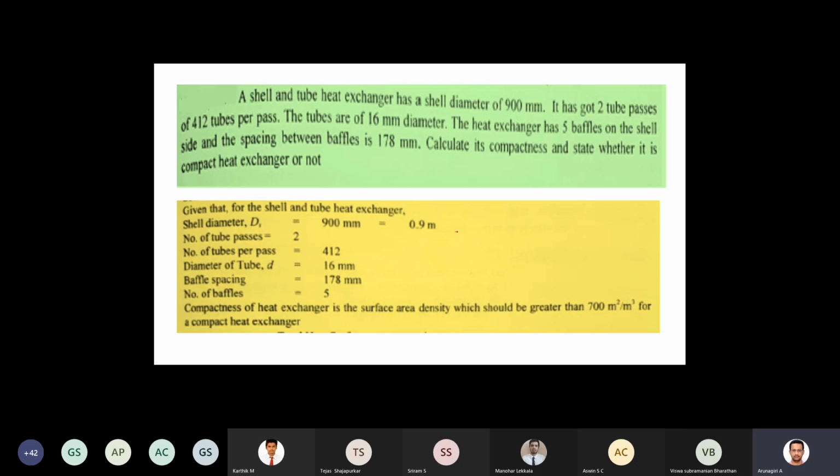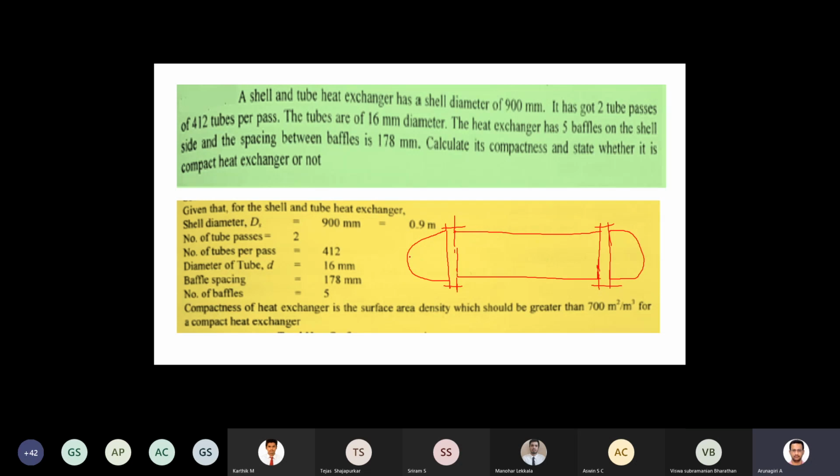So this is your shell, okay? So here you have the head. So this is connected now, like this. These are flanges, the shell body and the header are connected with flanges.